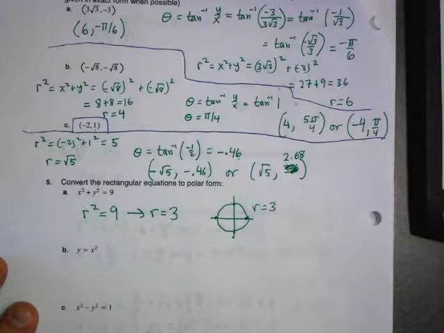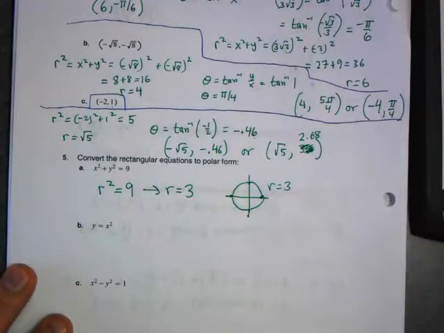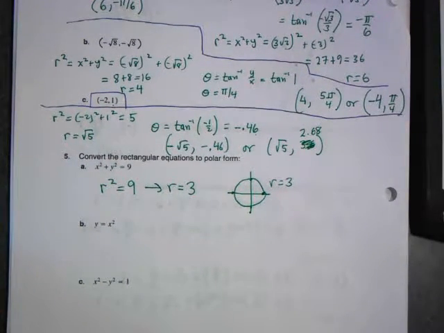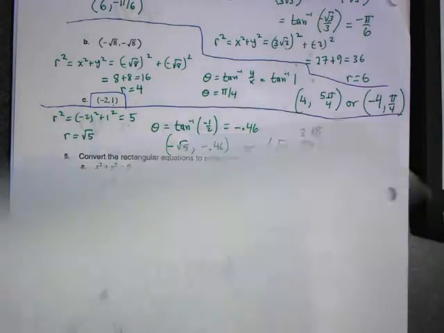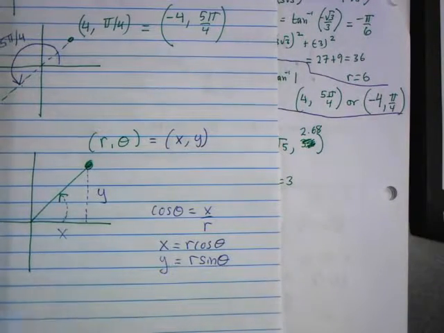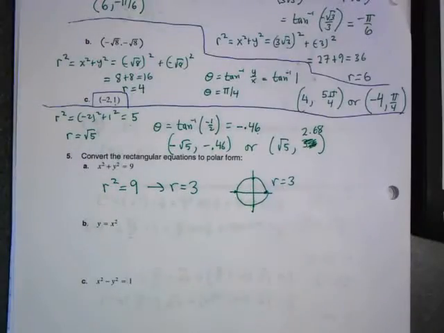All right, how about y equals x squared? How can we write that one in polar form? I'll give you a hint. What's y? And what's x? So what am I going to do with this y?